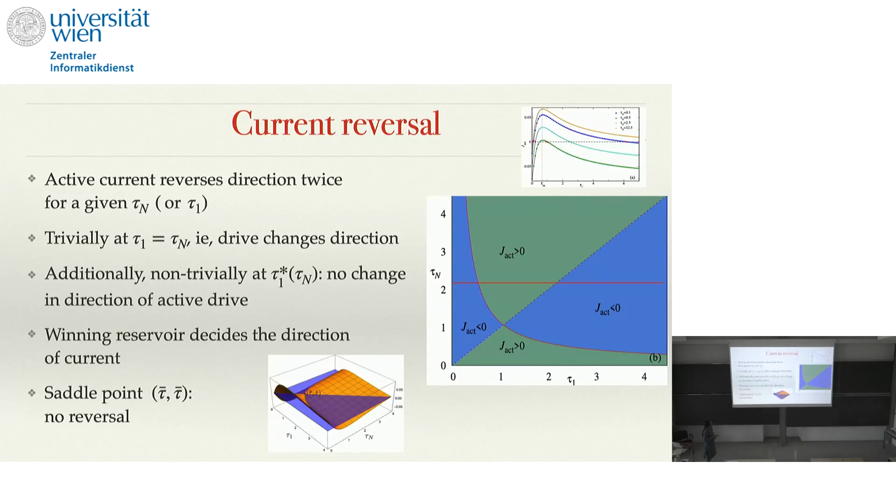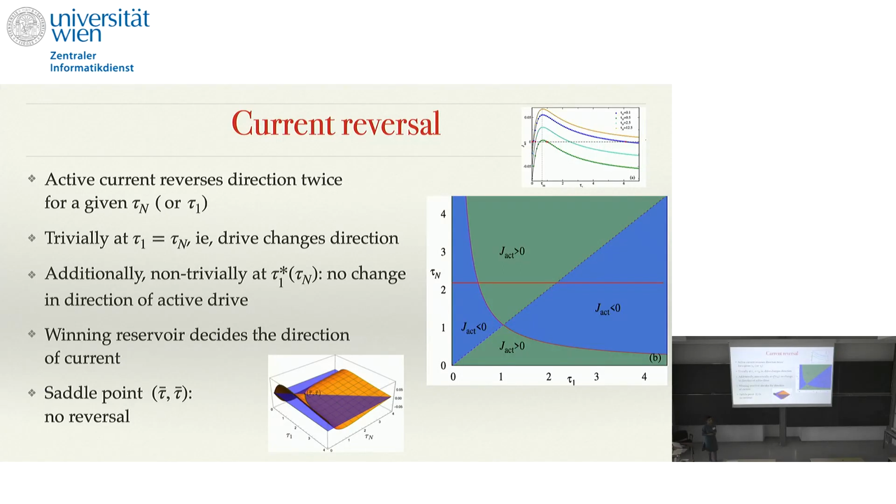And then there is another curve, this solid red curve, which is basically tracing the path of this red dot here, for a given value of k, m, etc. If we change tau 1, keeping tau n fixed, we are following this red line, and we see that the current is negative first, then positive, and then negative, which is what we see here. So what is happening is that the two reservoirs are competing, and if we keep one reservoir activity fixed, depending on which one wins, that decides the direction of the current.